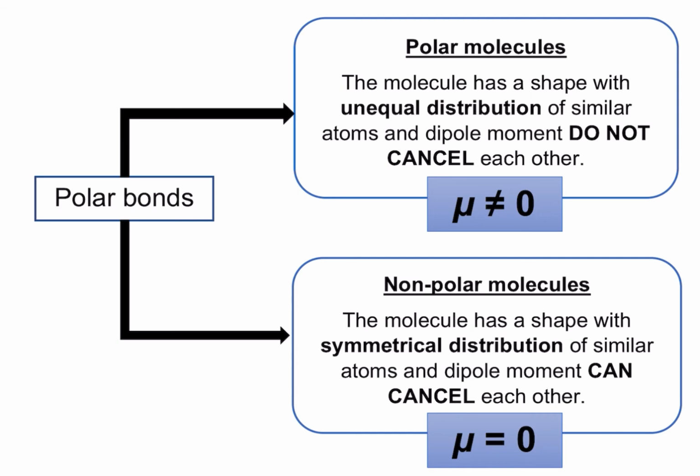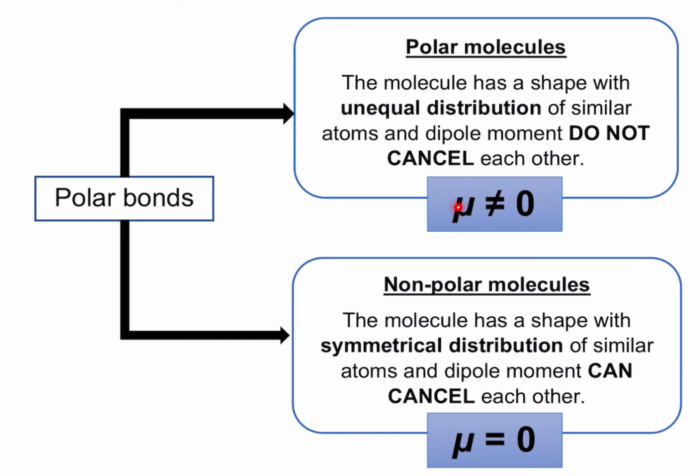The next one, by now you know how to determine the polar bond based on different electronegativities of two atoms. Sekarang you have to know that polar bonds can exist in polar molecules or non-polar molecules. And what will happen for polar molecules, that molecule has a shape with unequal distribution of similar atoms, dan dipole moment cannot cancel out each other.